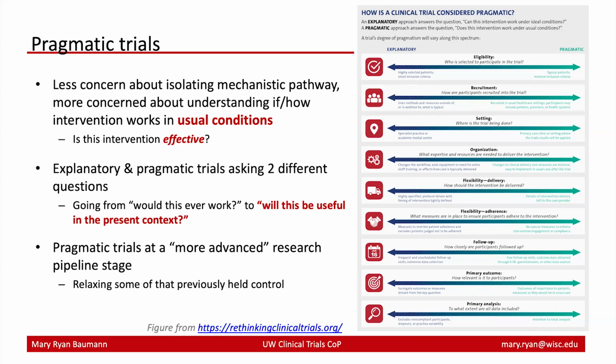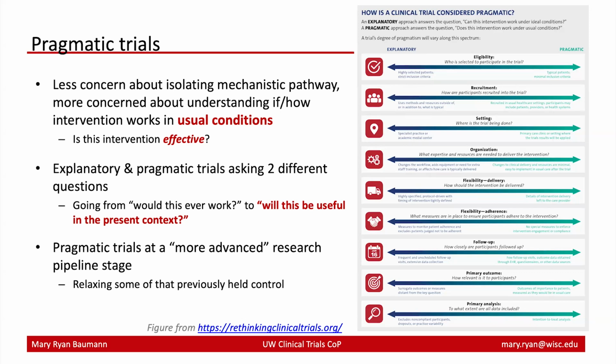So basically, is this intervention effective? So explanatory and pragmatic trials are essentially asking two different sets of questions. Explanatory trials are focused on the question of, would this intervention ever work in ideal conditions? Whereas pragmatic trials are asking the question of, will this intervention be useful in the present care context, in the present conditions that we have?